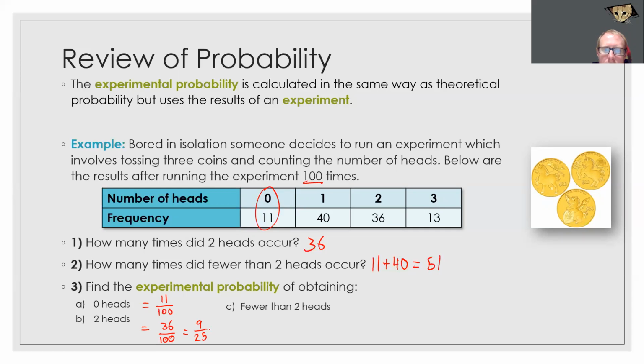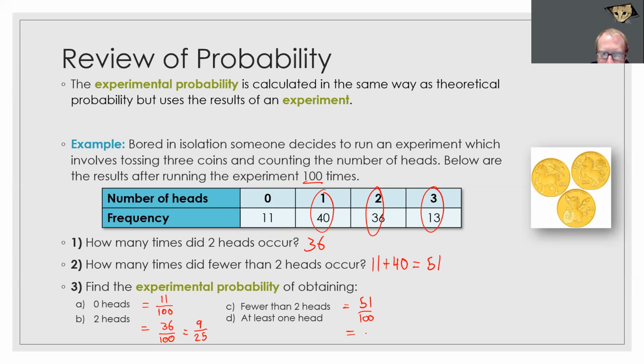What's the probability of getting fewer than 2 heads? Well, fewer than 2 heads was what we did before, this one plus this one, which was 51. So we got 51 over 100. That's the probability of getting fewer than 2 heads. And at least 1 head. Well, at least 1 head is getting 1 head, or 2 heads, or 3 heads.